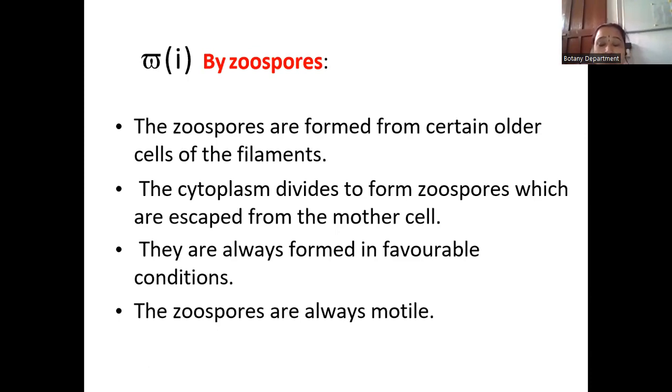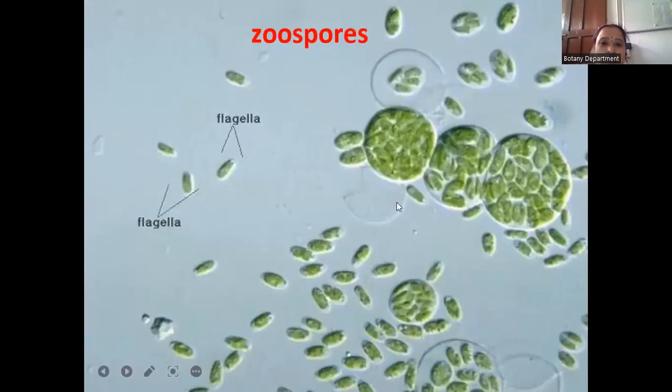Listen carefully: only where there is a motile algal form can you observe zoospores. This is one type of algal zoospore, released by the cell wall. You can observe each and every zoospore formed in motile form.